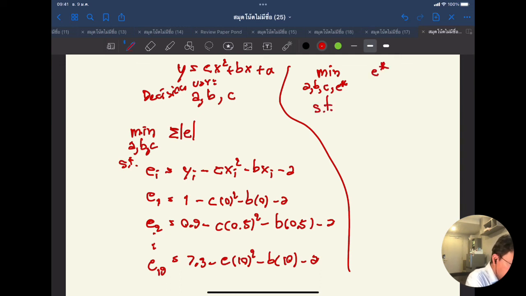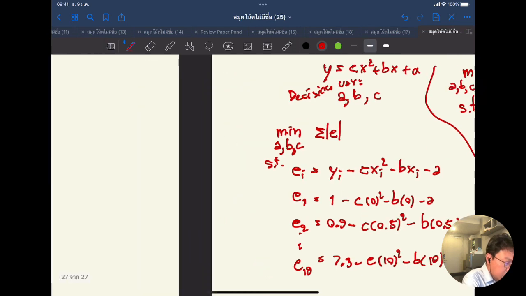So all Ei, Ei is again yi minus c xi square minus b xi minus a, absolute of that, must be less than E star. And E star must be greater than or equal to 0.